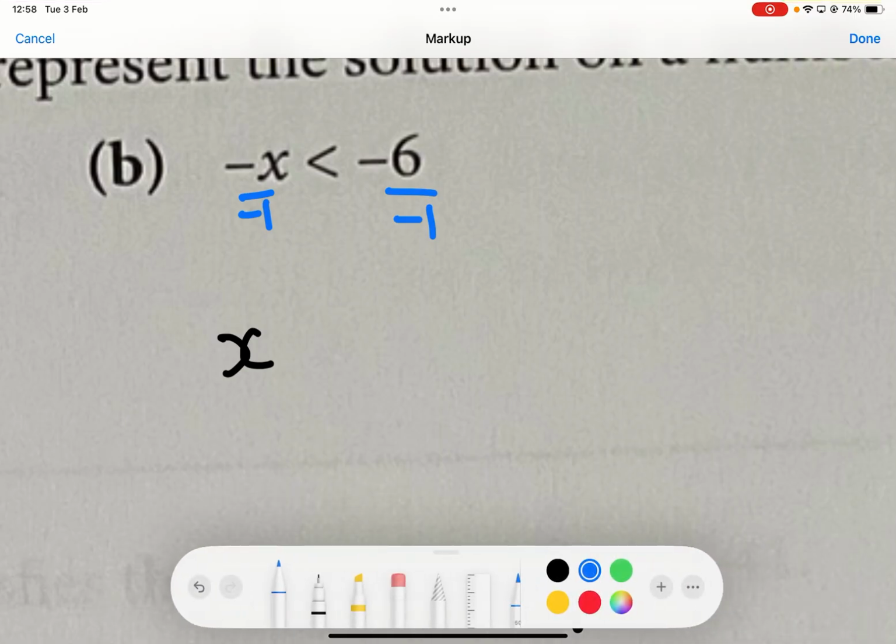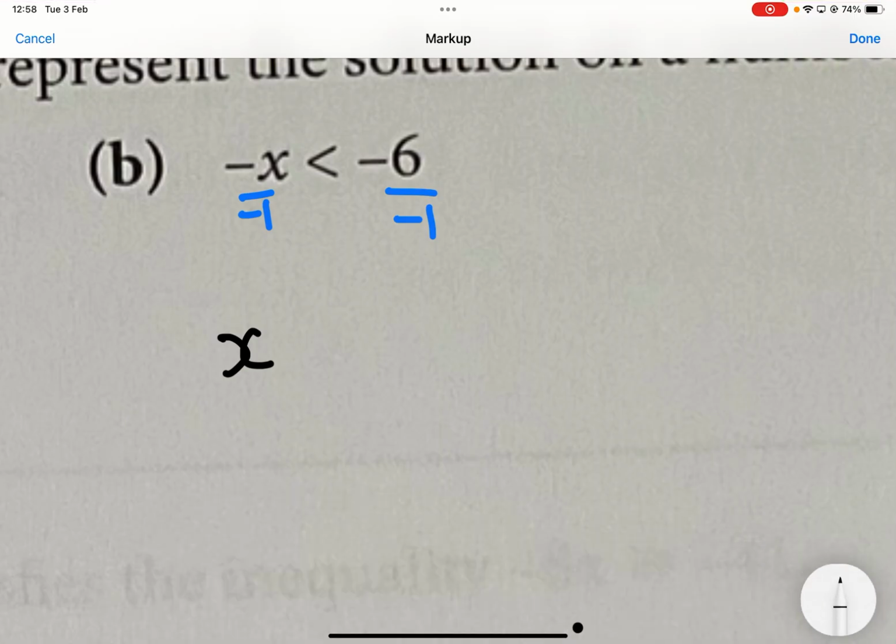So negative 6 divided by negative 1 will become positive 6. But because I am dividing by a negative number, my sign will change side. For negative x to be smaller than negative 6, my x must be larger than 6.